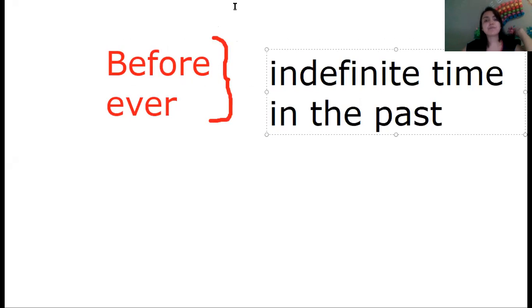When we say before, we are talking about something that happened in the past, right? But as it says here, it's an indefinite time. It means we don't know specifically when.